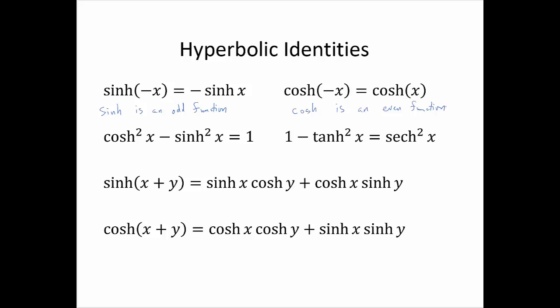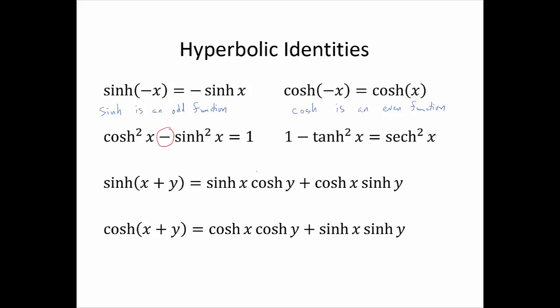Hyperbolic cosine x squared minus hyperbolic sine x squared is 1. So notice, big difference, that it's a subtraction in this identity between the hyperbolic cosine and the hyperbolic sine. And as a result, there's a different Pythagorean identity relating the secant and the tangent, again with a difference of the sign, S-I-G-N, sign.